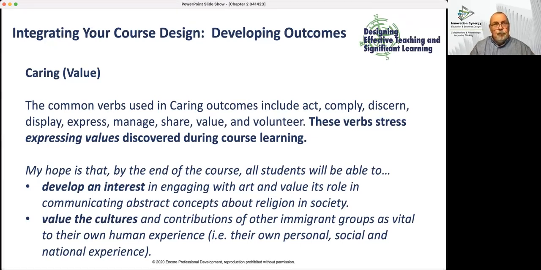This is, again, a way to be able to use cultural pedagogy in here, where we really start to take a look at others and the contributions of others as they have come in, the contribution of immigrants into the United States or into the country that you're living in right now. How are they being able to bring in their own personal, social, and national experiences to be able to share what they're valuing by learning the content in your course?